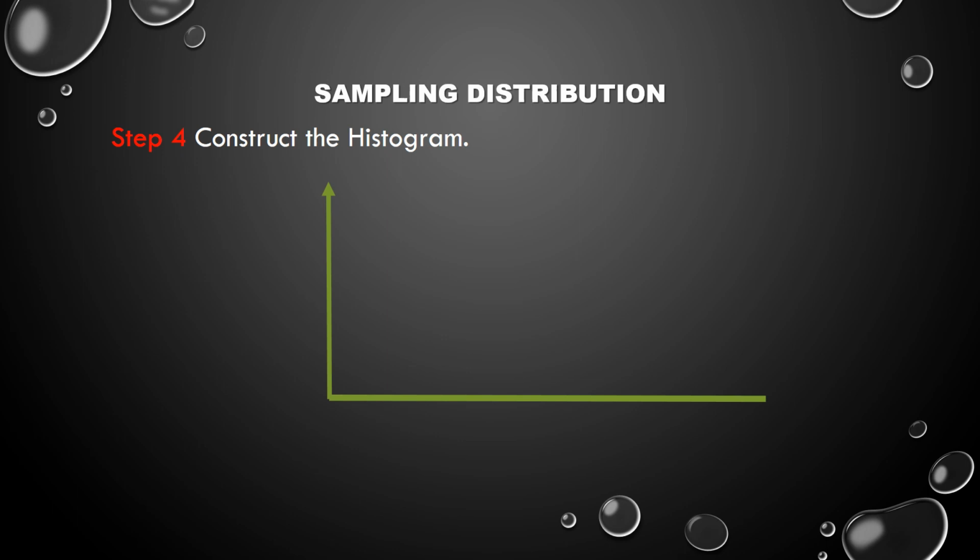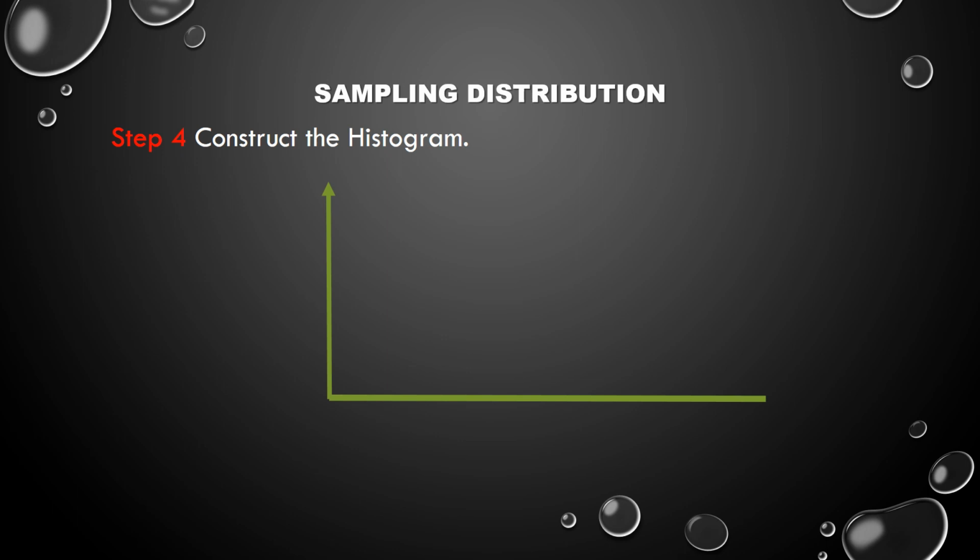Now, let's try to have a clearer picture here by simply doing our histogram. A histogram, by the way, is somewhat similar to your bar graph. This is now a way for us to present our distribution in a clearer picture. So we are graphing. Let me just change the color. Okay, there.